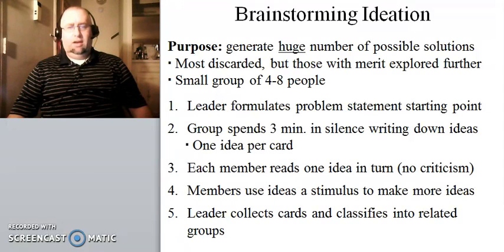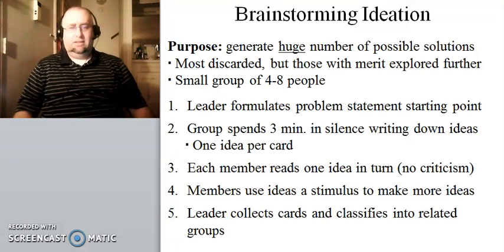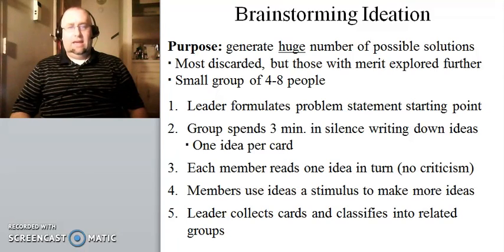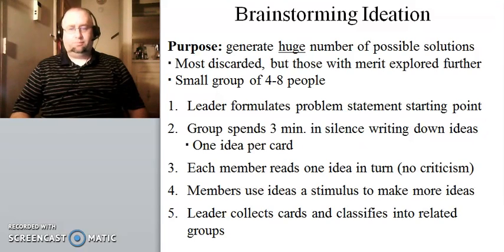Then the leader convenes the group and reads the problem statement to the group, and the group then spends about 3 minutes in silence. So nobody asks any questions, nobody says anything. The group members just sit there in silence, and they write down ideas. So everybody will have a notepad or a series of note cards, and they will write one idea per card or one idea per sticky note for about 3 minutes after hearing the problem statement from the leader.